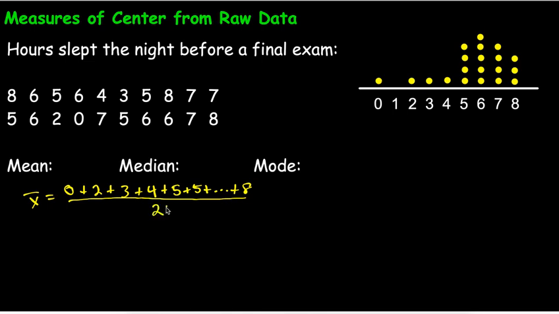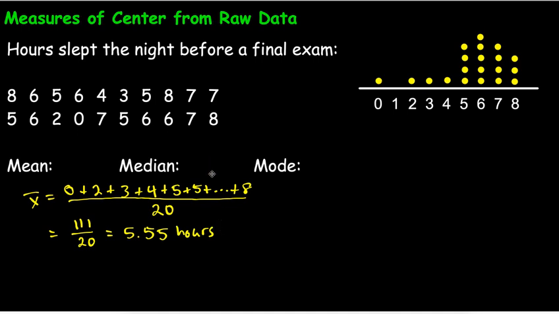And I would total that and divide by how many I have. And so we get 111 for our total of all these values divided by 20, 5.55 hours of sleep.